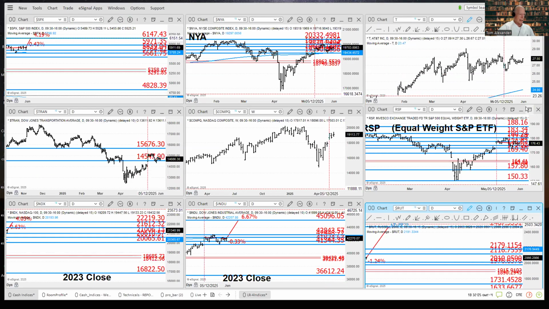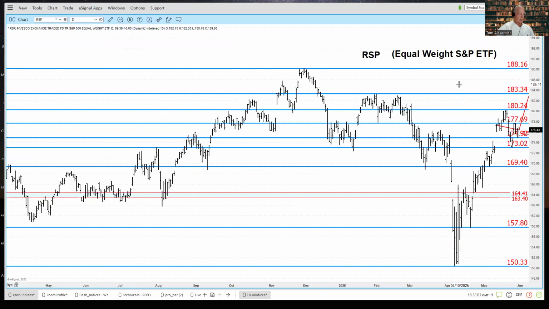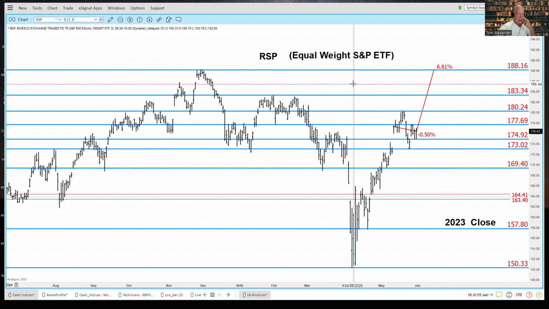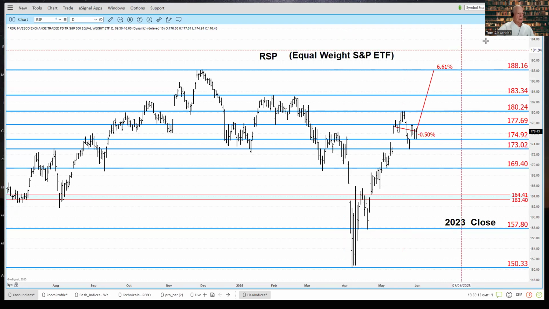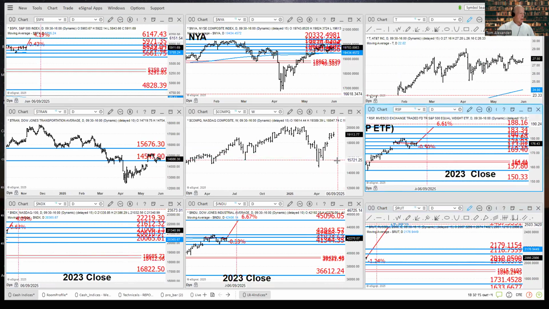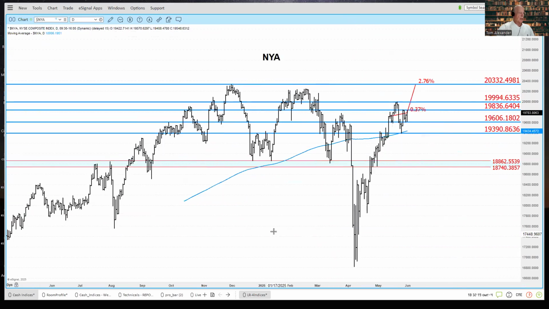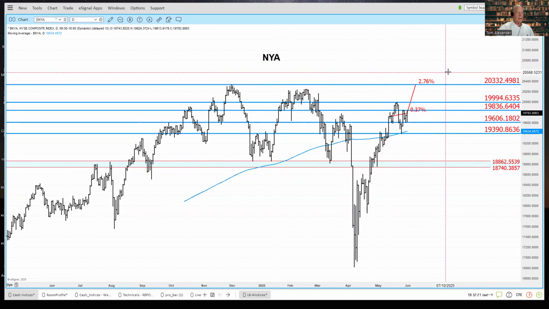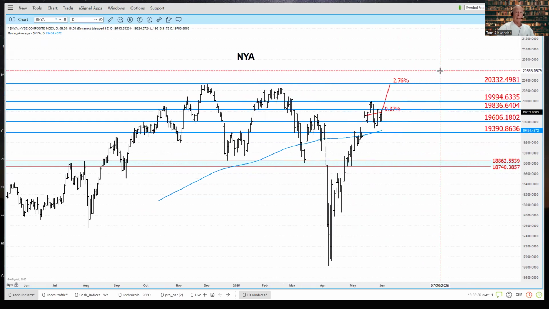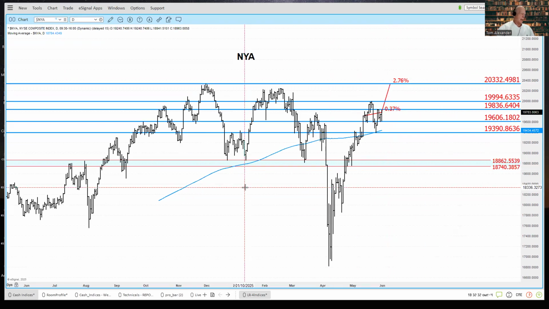And the equal weight S&P, which has lagged of late, because once again, we have 7 stocks driving the market. There's the equal weight. And then last but not least, the New York Composite, which has the least amount of distance to a new all-time high, and it is the broadest base of any of the indices that I just showed. So we're a little less than 3% from an all-time high in the New York Composite.